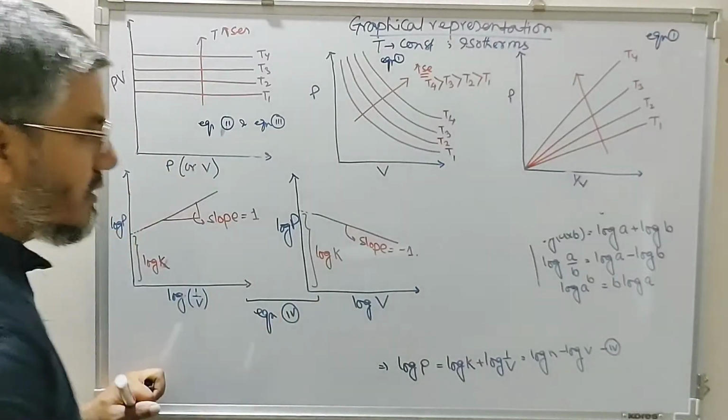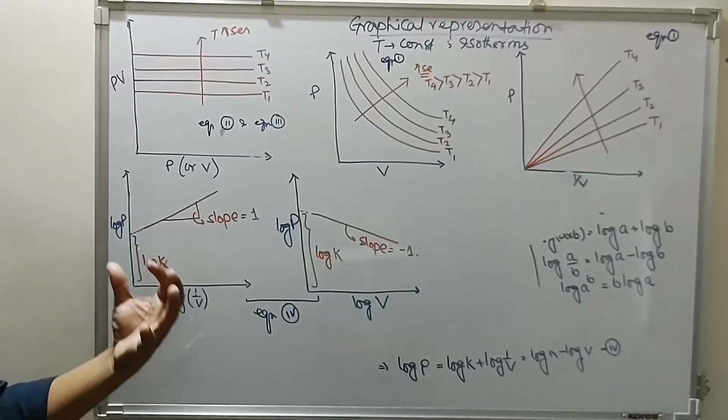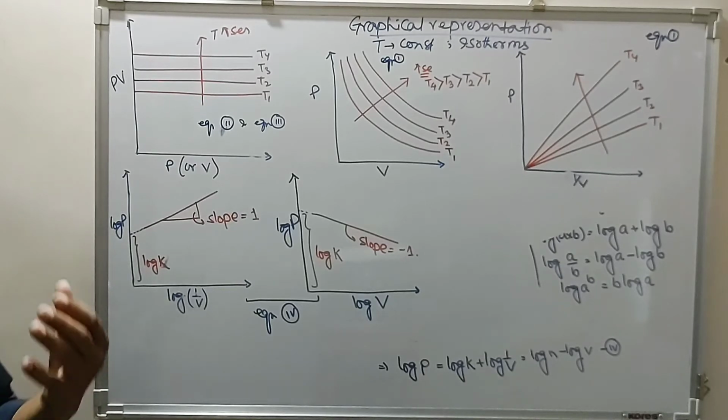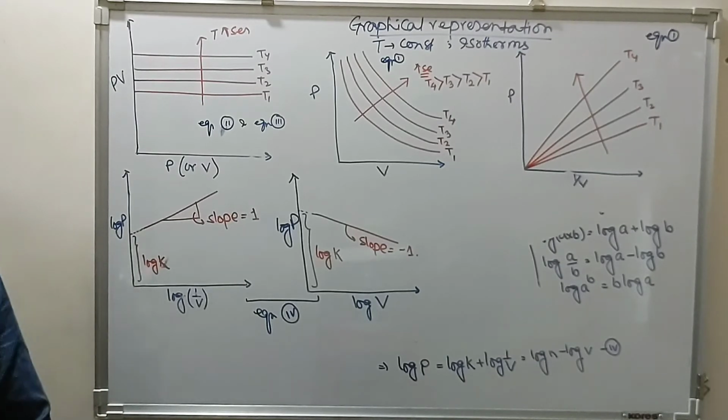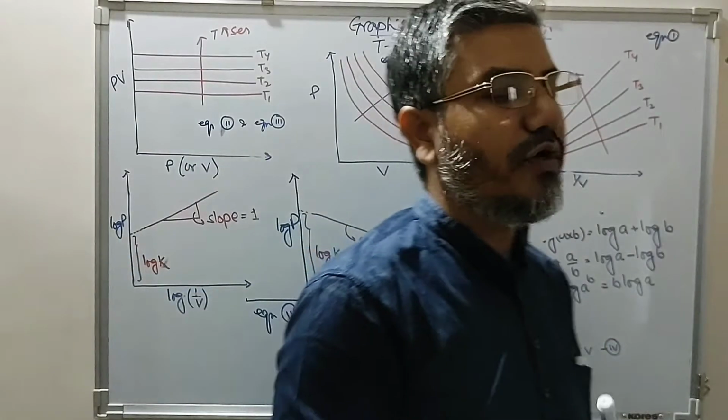So these are different graphical representations of the same gas law, that is Boyle's law. The main statement is that pressure and volume are inversely related, provided temperature and number of moles, or the quantity of gas, remain constant.